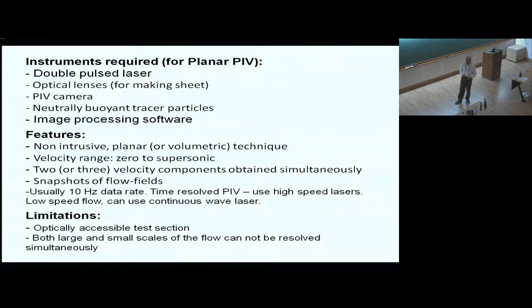It depends on your camera, so something like 1000 by 1000 pixels. Then you need an interrogation window, where you do the cross correlation and find out the velocity in that interrogation window. Only for the tracer particle, yes.